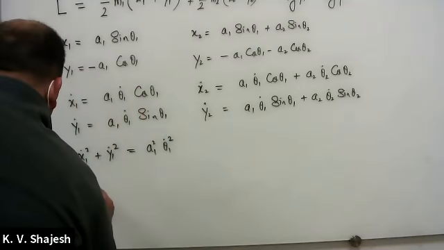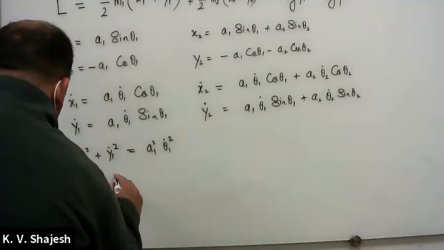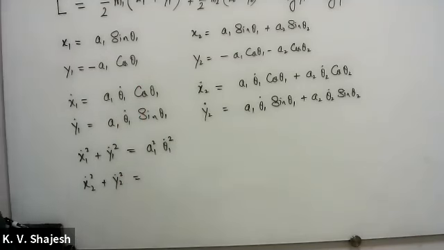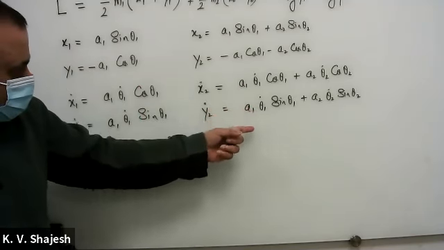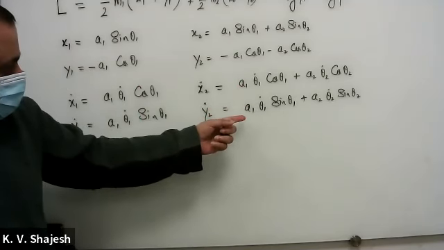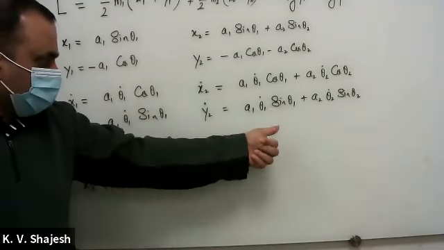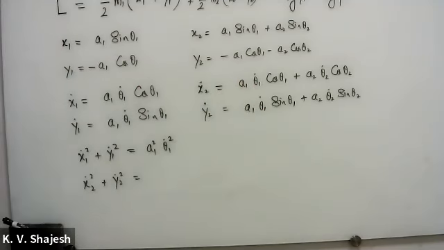And same thing with x2 dot square plus y2 dot square. When I square the first terms in each of x2 dot and y2 dot, there's a cosine square and sine square that comes in, but then there is a cross term also, so I have to keep that.